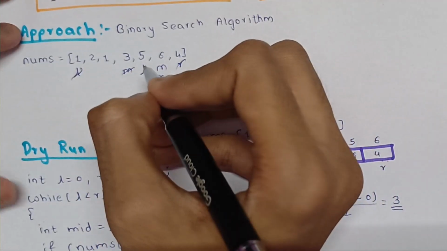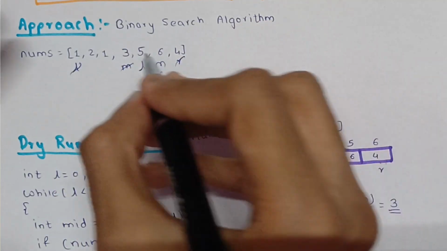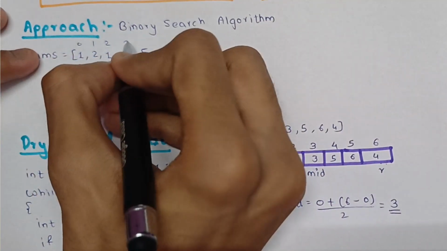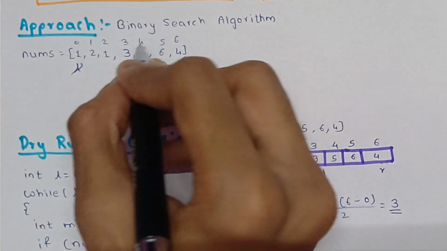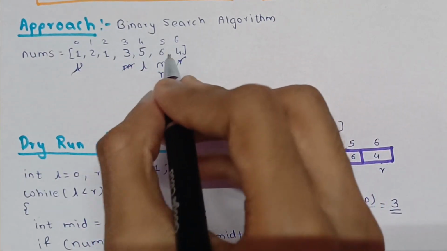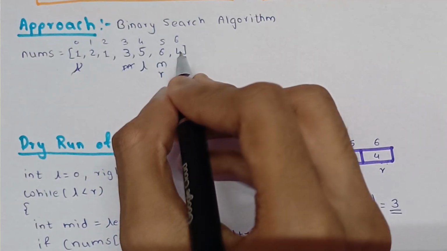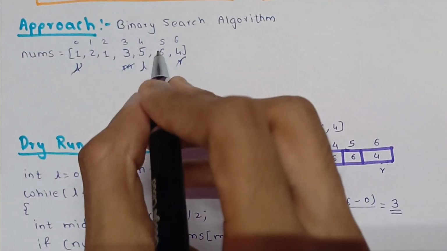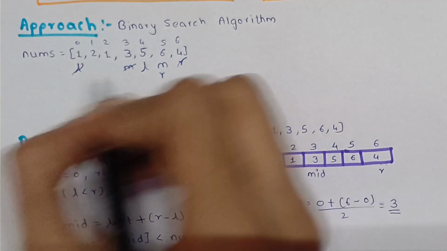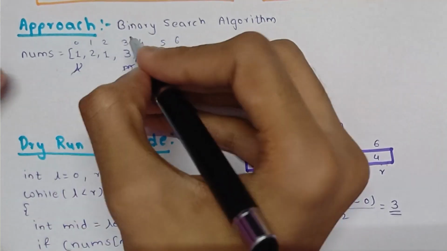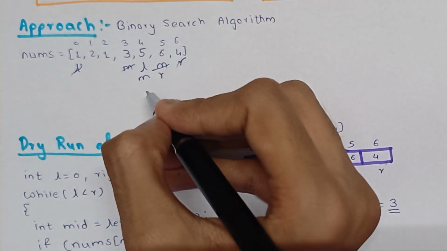Now we calculate the mid. With indices 0 1 2 3 4 5 and 6, the mid will come here, at index 4.